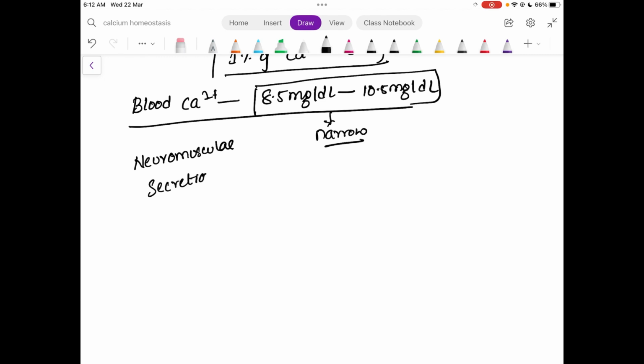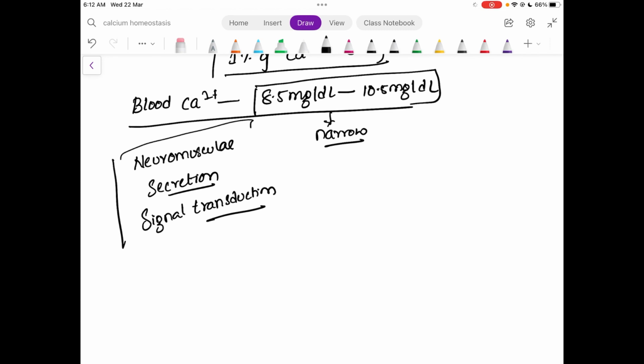It helps in secretion of hormones, and it helps in signal transduction, where calcium can act as a secondary messenger and causes signal transduction. All these functions are dependent on calcium. Whenever calcium is out of this narrow range, it can affect these normal functions.